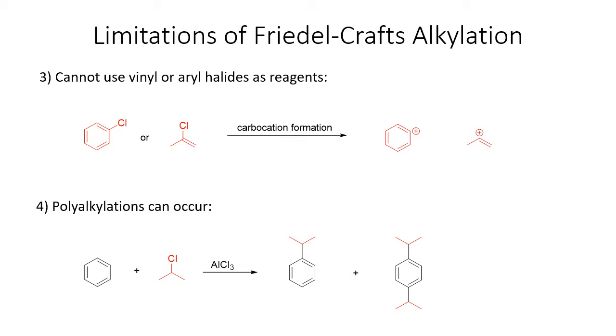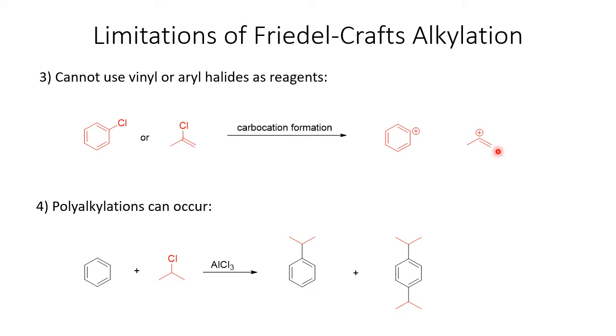Our third limitation is you cannot use vinyl or aryl halides as reagents. This is considered an aryl halide, where you have a halogen directly connected to a benzene ring. This is a vinyl halide, where you have a halogen directly connected to the carbon of an alkene.